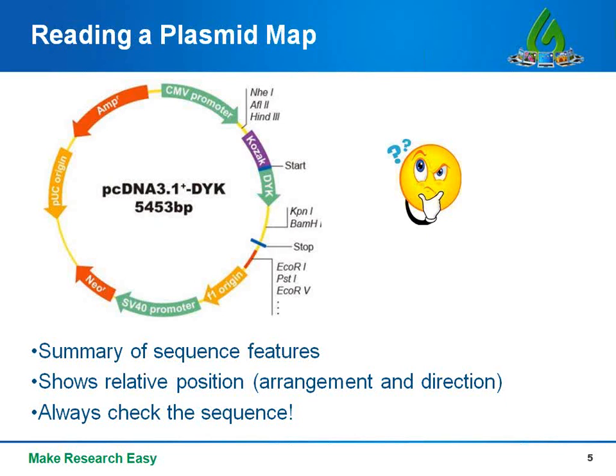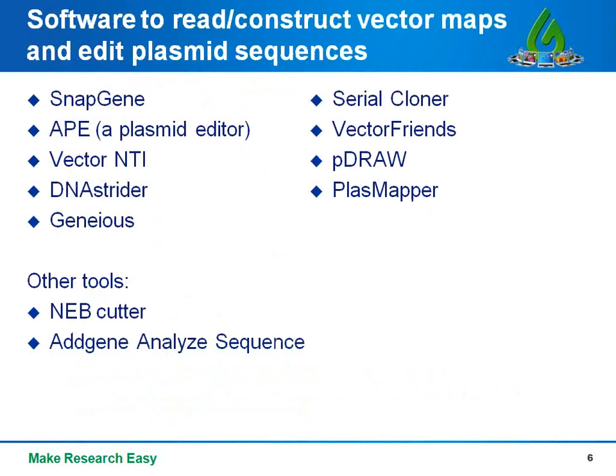As you work with plasmids, you'll almost certainly want to start using a software tool that allows you to analyze and edit plasmid sequences and maps. There are many such tools available. Some are free and some are not. I personally have used SnapGene and APE, which are both free tools, and those have worked for my needs, but other people have different preferences. If you have an experienced molecular biologist in your lab, it might be easiest to quickly get up to speed on using a tool by watching them.